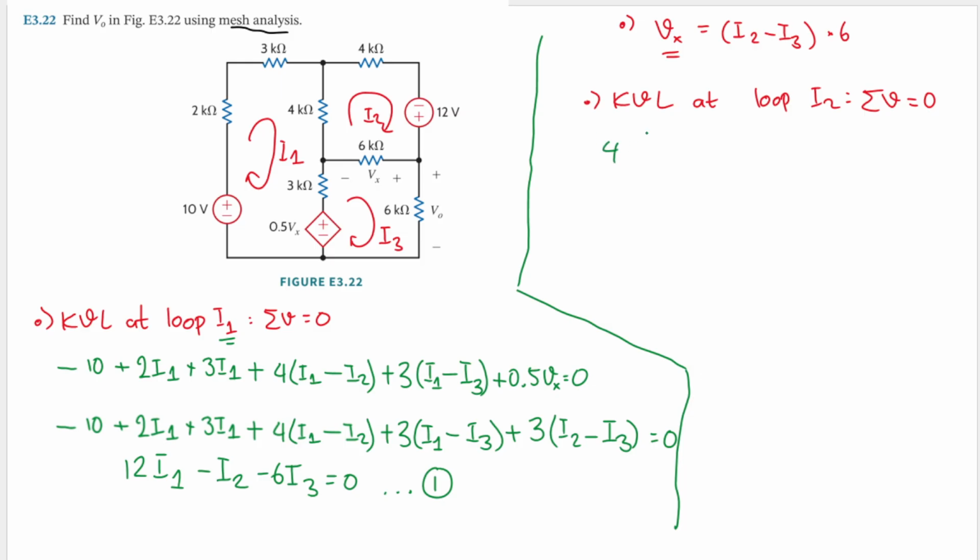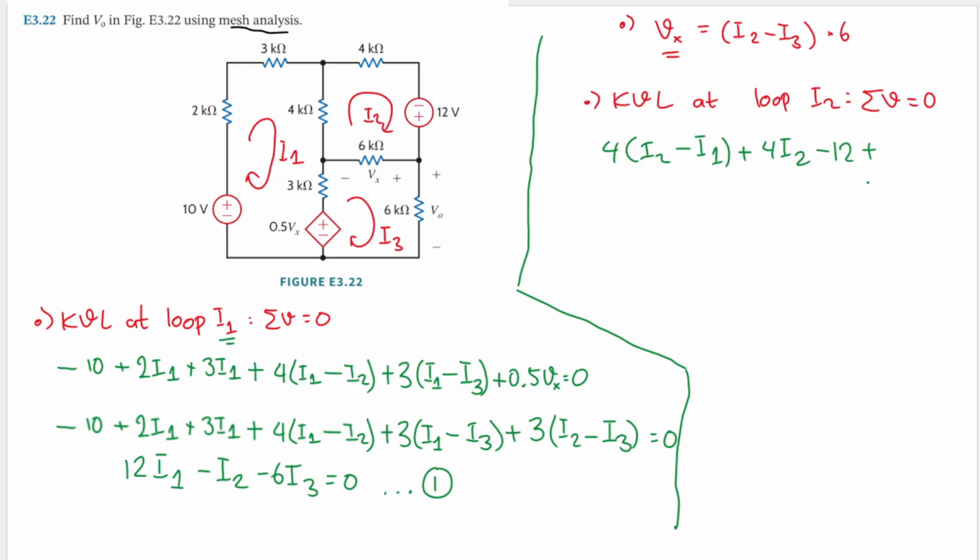We are working on I2, but I1 here is flowing in the opposite direction, so I have minus I1, and then plus 4 times I2, since the only current passing through it is I2. And then this voltage here: because the current is flowing from the negative terminal to the positive terminal, the sign will be negative, so we'll have minus 12.